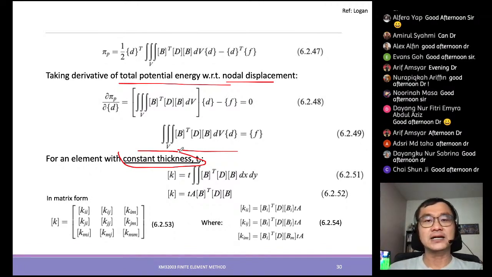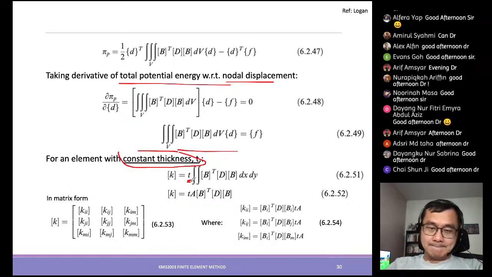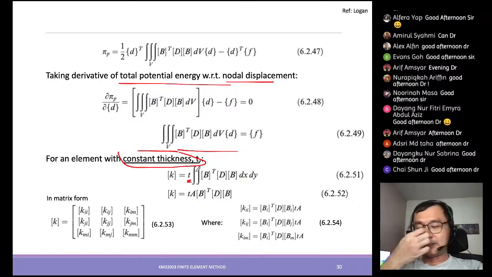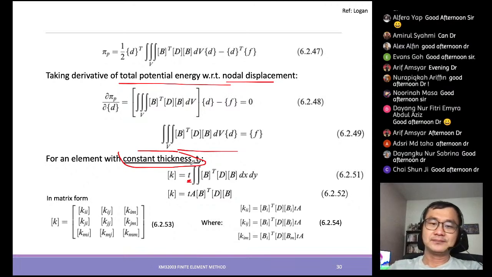For an element with a constant thickness, we multiply with the thickness of the element itself.